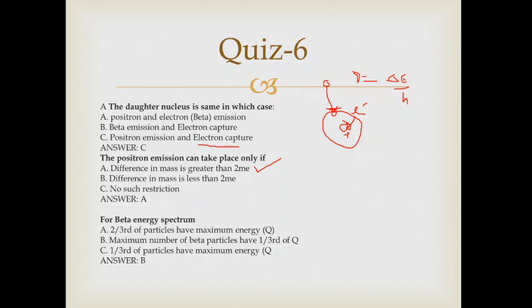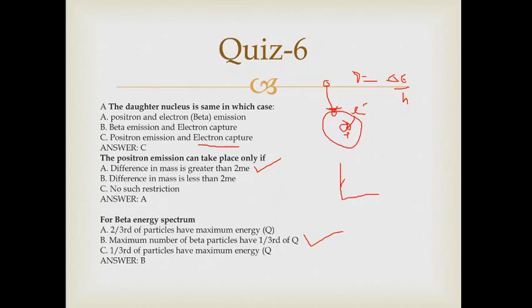For beta, because we have derived the expression for Q, please refer to the expression for the Q for beta minus, beta plus and electron capture. You know that this answer option is true. In the beta energy spectrum, the maximum number of particles have 1/3 of Q. This is the correct answer, and this was the graph we had discussed.